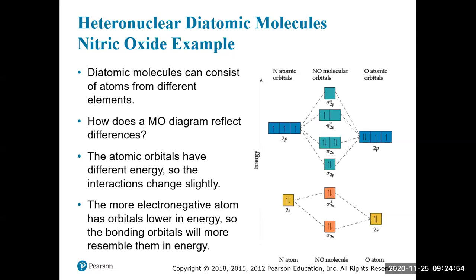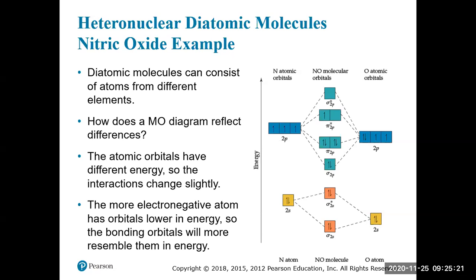If we look at the NO example, we look at nitrogen and oxygen. If we remember our electronegativity table, we know that oxygen, because it's more in that upper right-hand corner, a little more so than nitrogen, is more electronegative. So its energy level is going to be a little bit lower than the nitrogen. And we see that represented here.